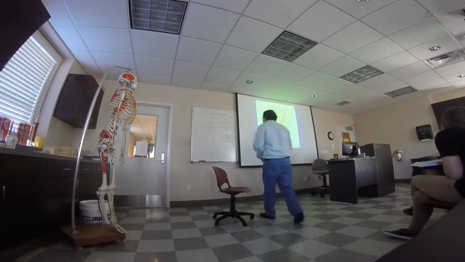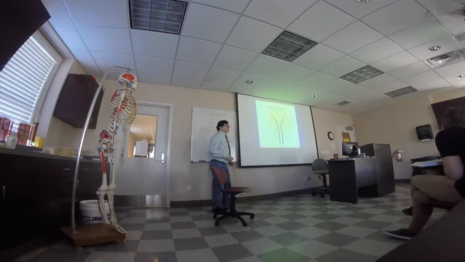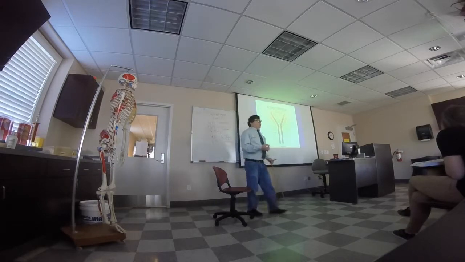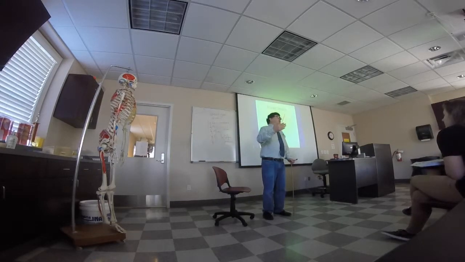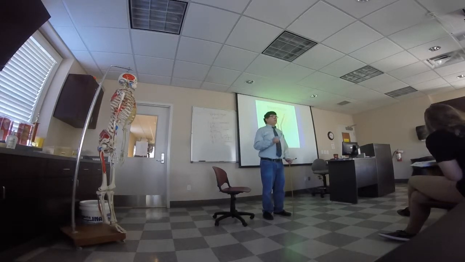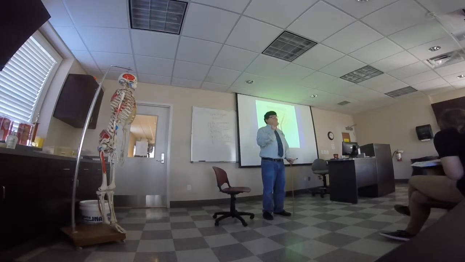Now, let me tell you another secret about IgM. When B cells first respond to an antigenic challenge and differentiate into plasma cells, the first class of antibody produced by plasma cells is IgM. So for a few days, that plasma cell is producing just IgM.